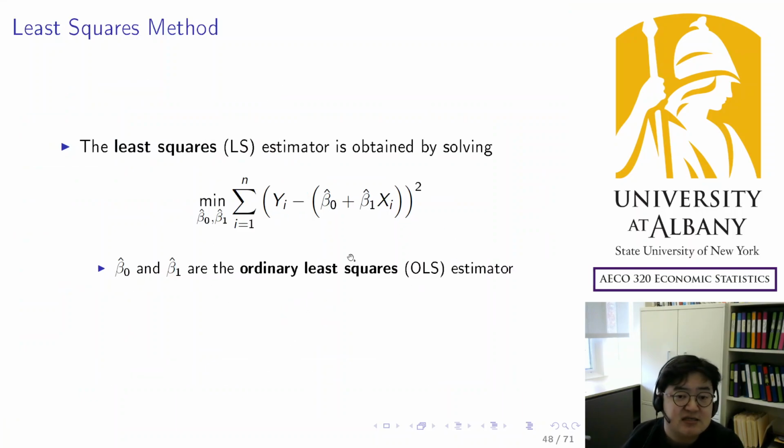So that is mathematically how we calculate ordinary least squares. Automatically Excel does that, and of course in the minimization you can calculate the first order condition, verify the second order condition, and solve the first order condition to calculate the optimal. That is how those estimators are obtained, and of course Excel does that for you.